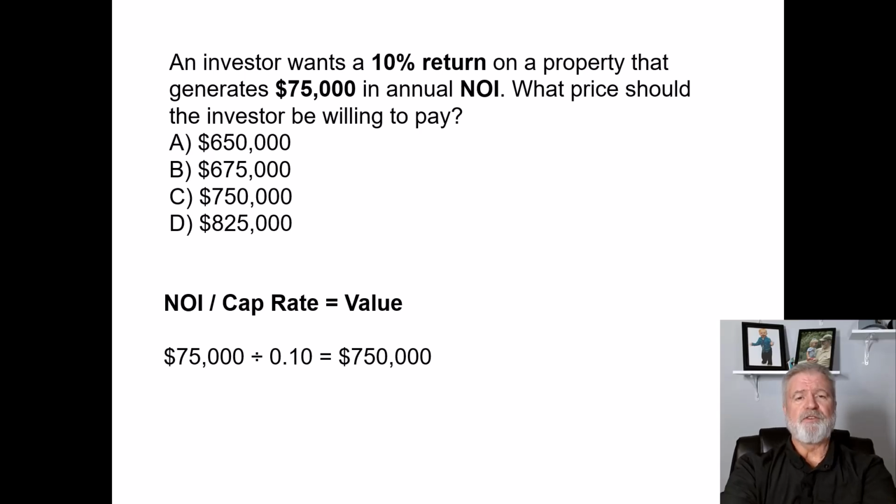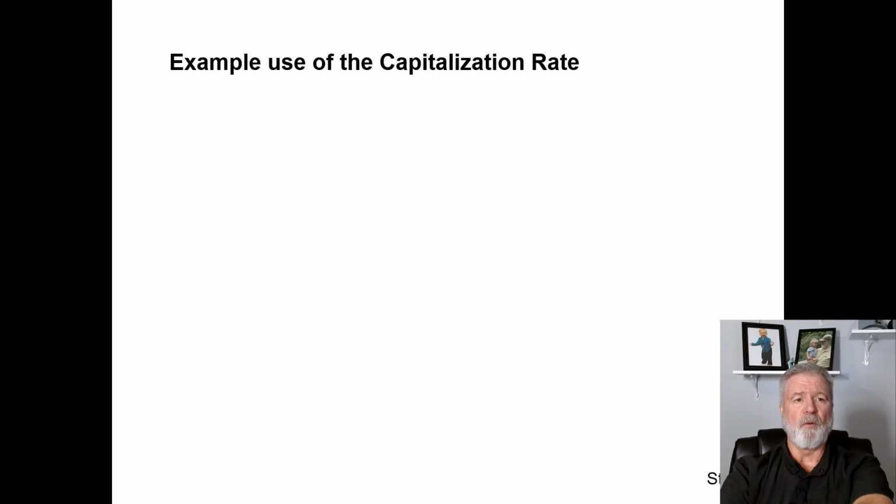Now, how would this actually work in the real world? If I was looking at listing a commercial property, for example, and I'm trying to figure out the value of this property, how does this actually work? That's what we want to look at right now. We want to look at an example of using the cap rate.